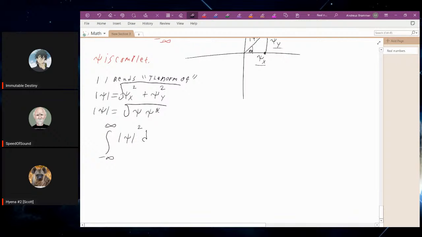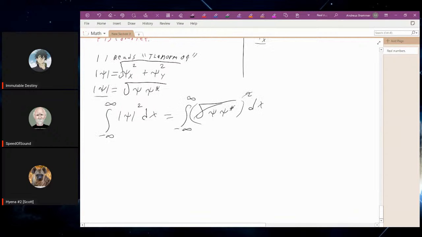But given that we know what this thing is, we can rewrite it as square root psi star squared dx, and the square root and the square cancel each other, and it just becomes that. Well, okay, that doesn't exactly tell me what it means, though.